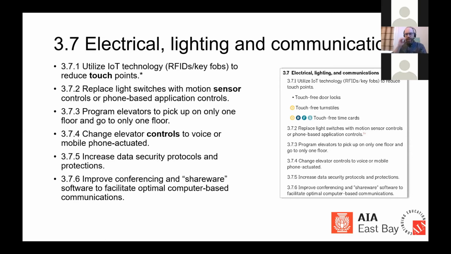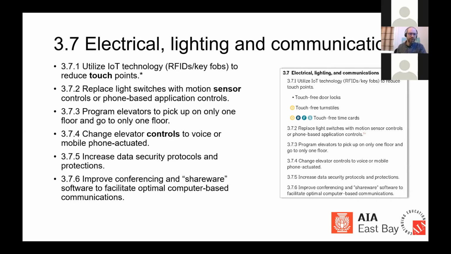And so on the topic of transmission through touch, how can we have occupants moving through buildings without having to touch a lot of things along the way and having everyone touch the same button or the same surface? This page will give some suggestions here.